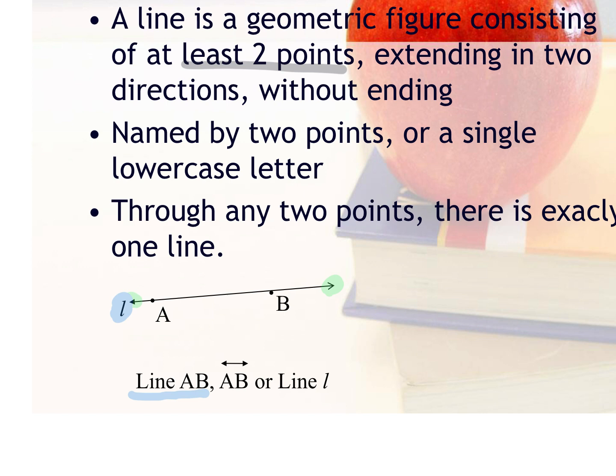Or we can also name the line by putting the 2 points on the line and then drawing a picture of a line on top of the capital letters. Or by naming it with the lowercase italicized letter. But what's important is that you include the word line in front of it. So for example, let's do another one. Now also a line has 1 dimension.